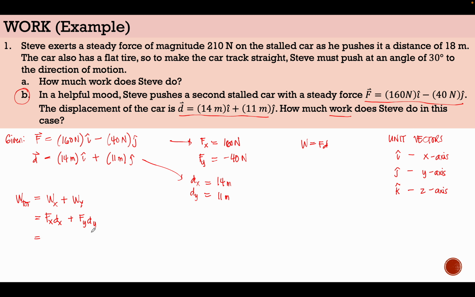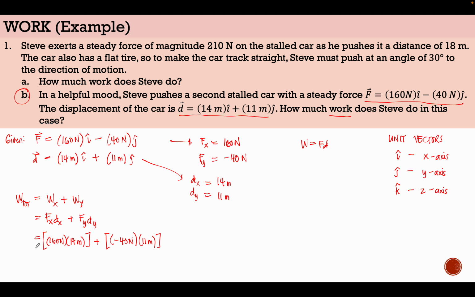Substituting the corresponding values, we have f sub x is 160 newtons times d sub x is 14 meters, plus f sub y is negative 40 newtons times d sub y is 11 meters.